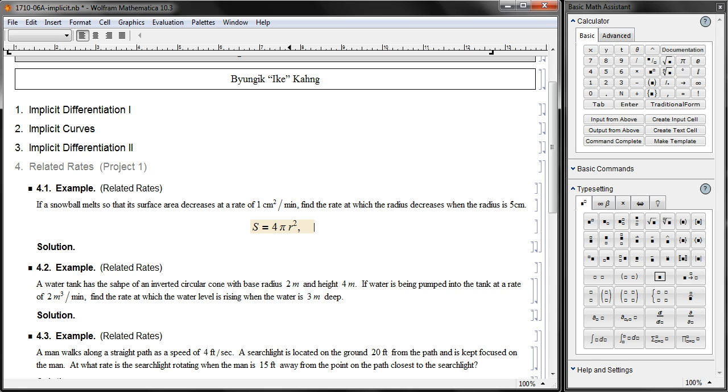Now if you take the derivative, this is what you get: S prime of t is 4 pi, 2r, and then r prime.